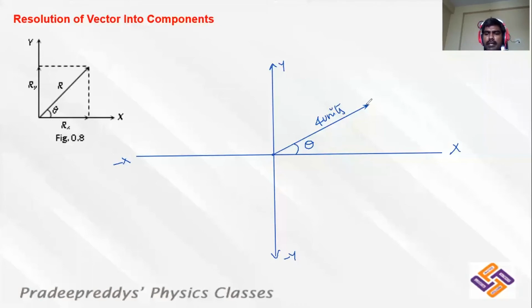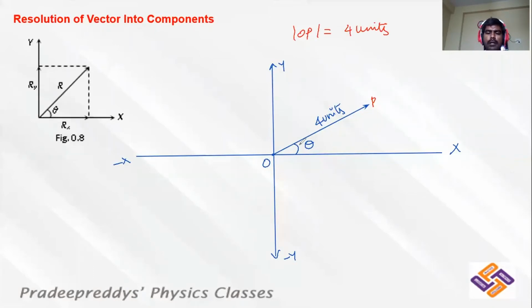Sometimes you will be given a vector, say this is O and this is P. OP is a vector whose magnitude is known to you. That means the magnitude of OP is 4 units.